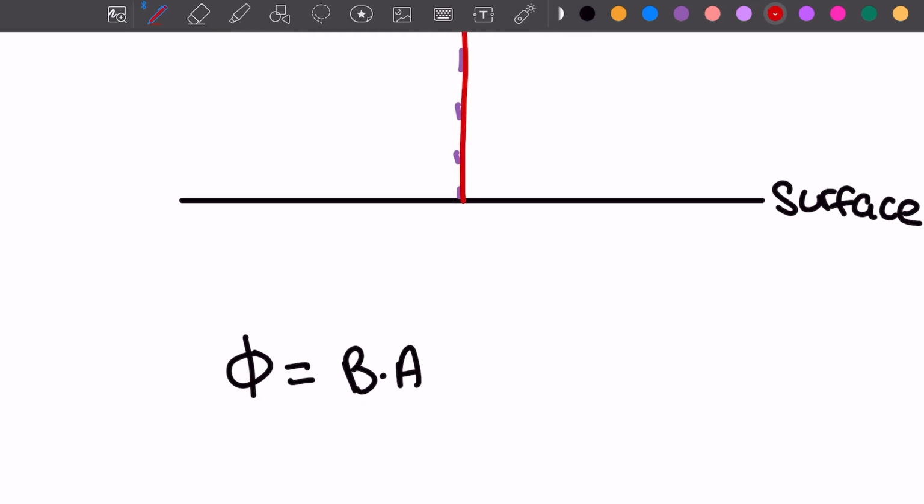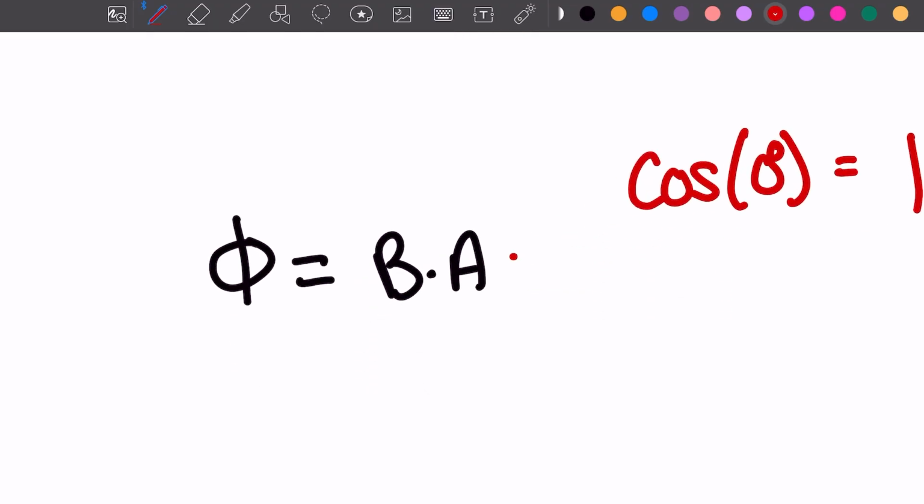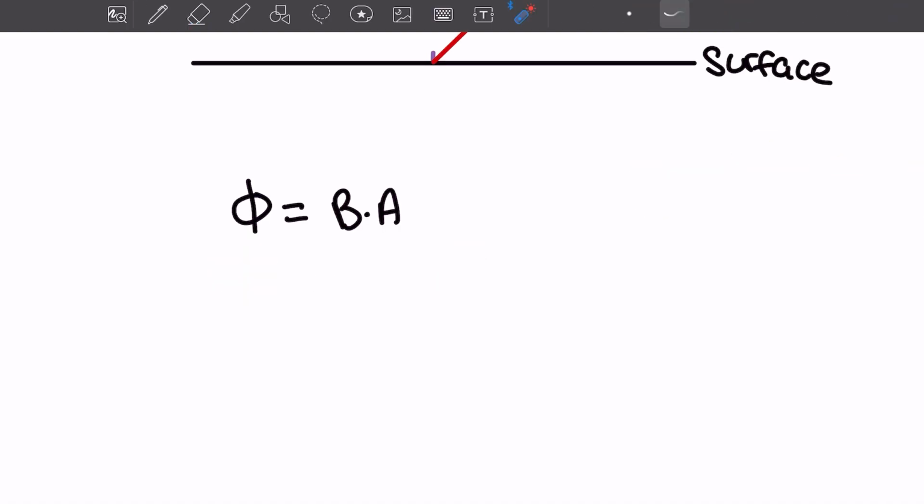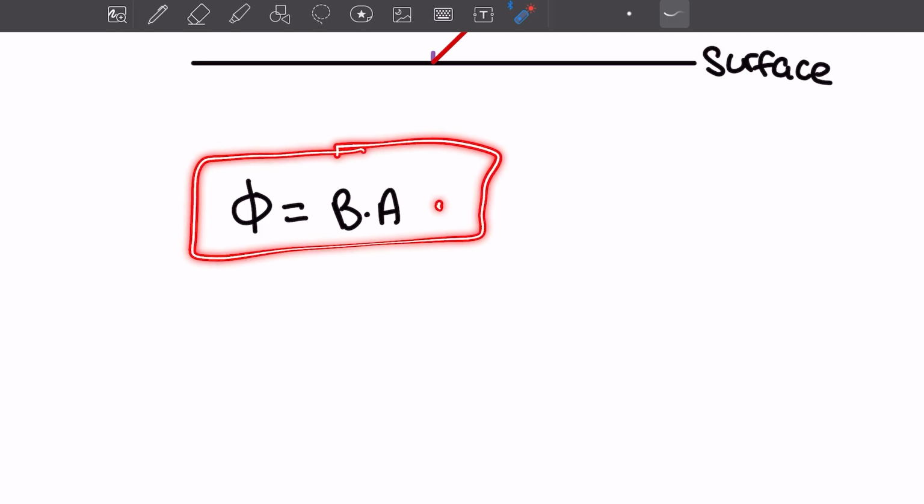And cosine 0 really is just 1. So instead of multiplying cosine 0, we're really just multiplying 1 over here. And B times A times 1 is the same exact thing as B times A. So when the problem tells you that the magnetic field is perpendicular to the surface, you would just use this equation. You don't have to worry about multiplying cosine theta.